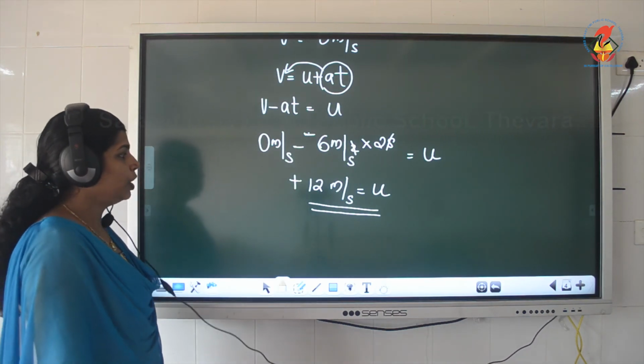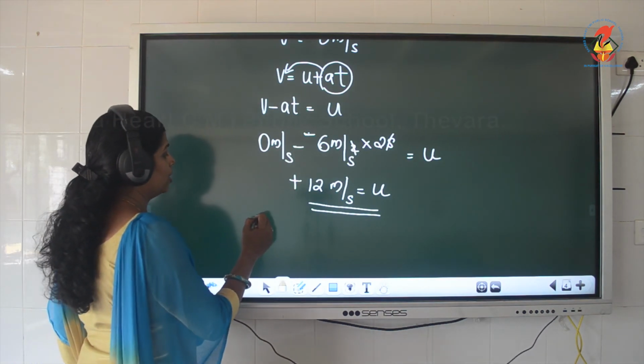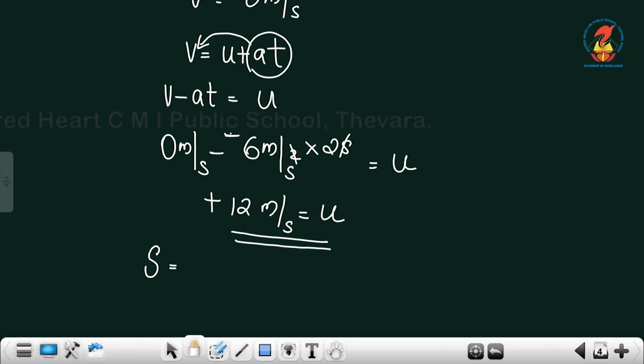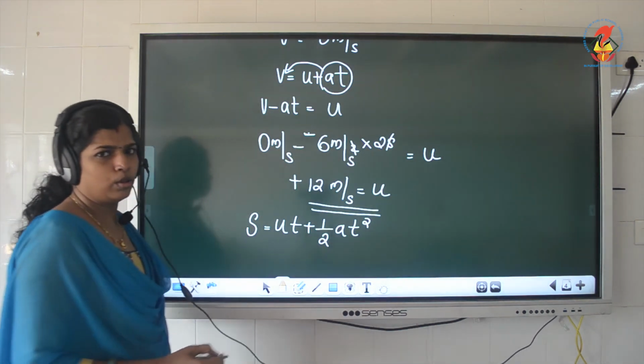Okay. Now, you need to find the distance travelled. Any of the equations we can use and we can find the distance travelled. I will use ut plus half at square, or you can use the third equation also, no problem.